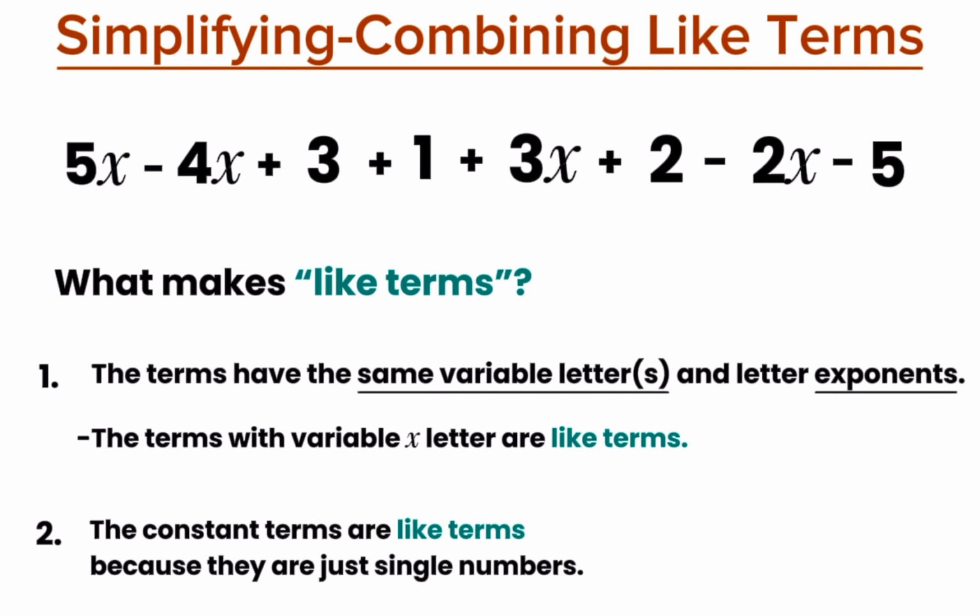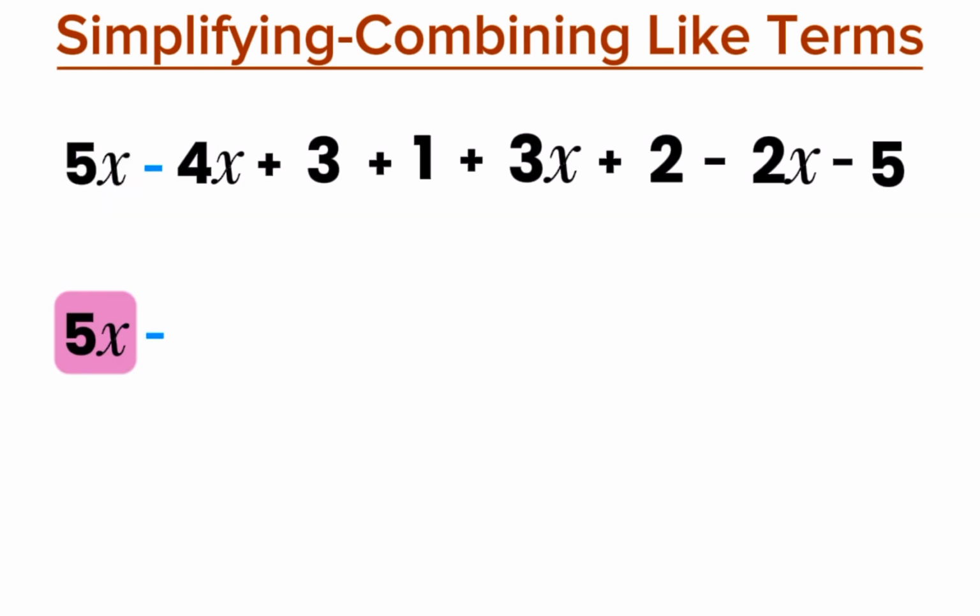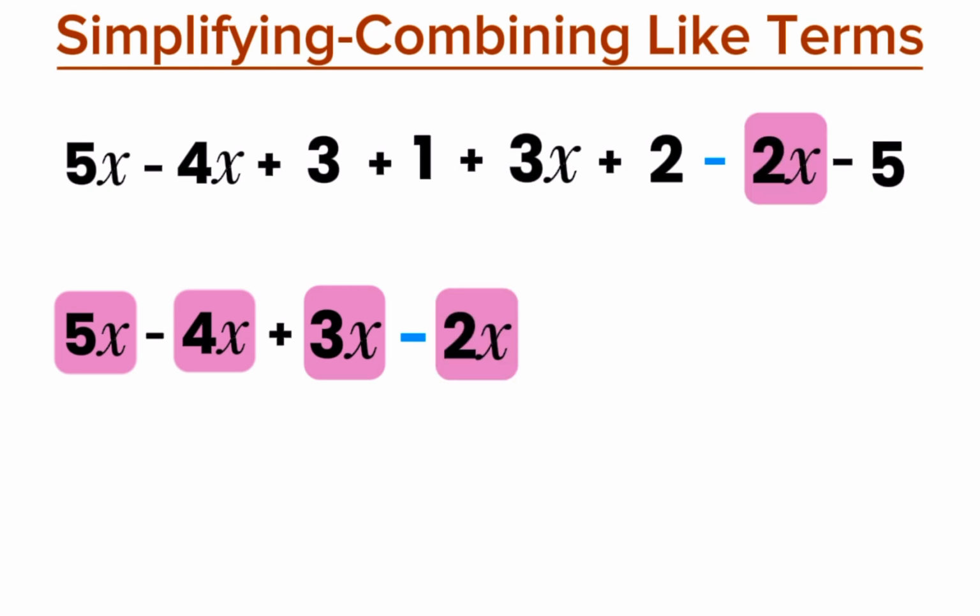The best thing to do when you find like terms is to group them together. Now, when rearranging an expression, the plus or minus sign that is in front of the term goes with it. So let's group them. 5x minus 4x plus 3x minus 2x.